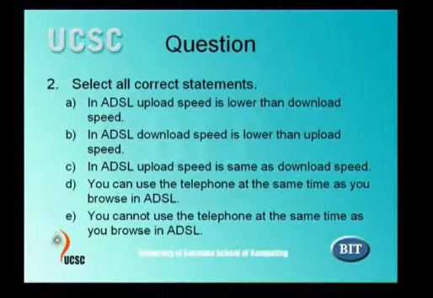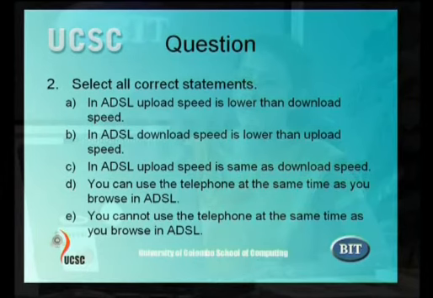Yeah. So it's a bit difficult when compared to the earlier one. It says select all correct statements, and 5 statements are given. So you need to select all the correct statements. A is, in ADSL, upload speed is lower than download speed.